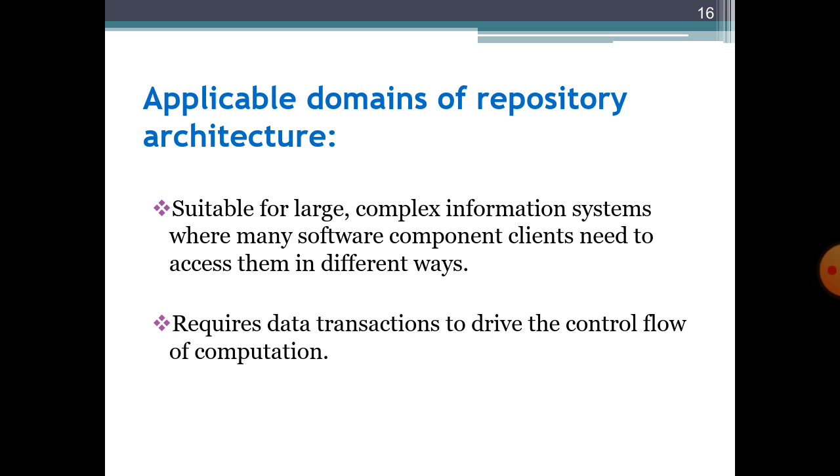You may also use it in a data driven system where the inclusion of data in the repository triggers an action or tool. So these are the different situations where we can use this repository architecture.